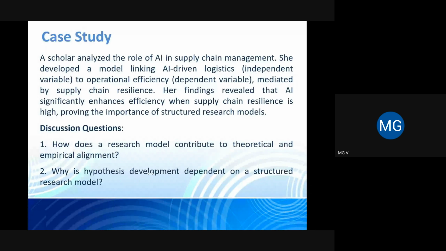So basically, what does a research model define? Ma'am, it defines the connection between the variables, how it has been derived. Very right. It defines the relationships among variables, providing a systematic approach to formulating and testing hypotheses.